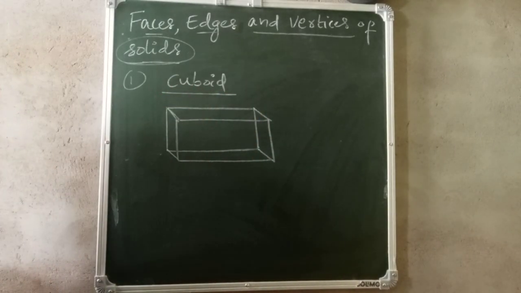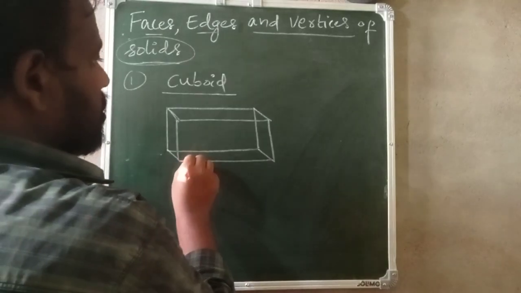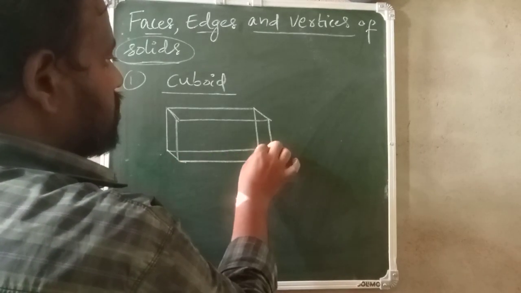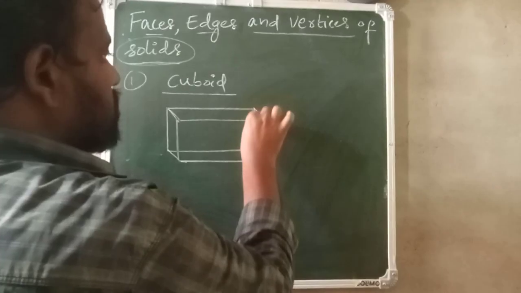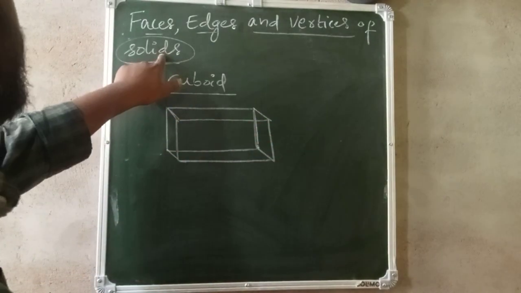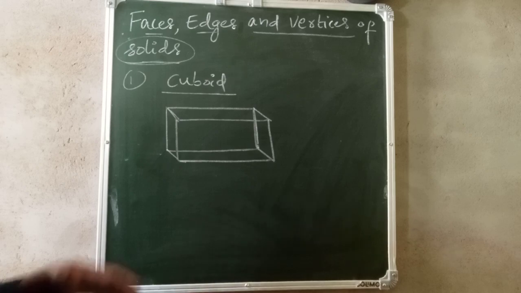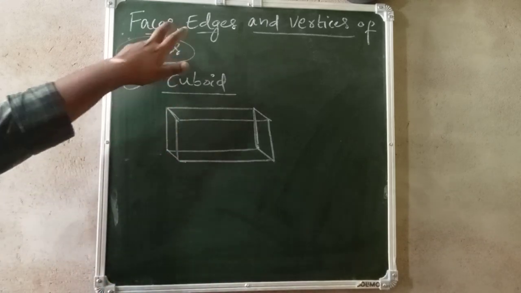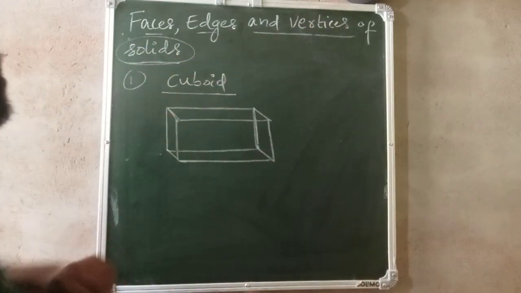So this is a cuboid. It has three dimensions. This is length, this is width, and this is height. Because of three dimensions, it is a solid. Now the topic we are discussing is faces, edges, and vertices.